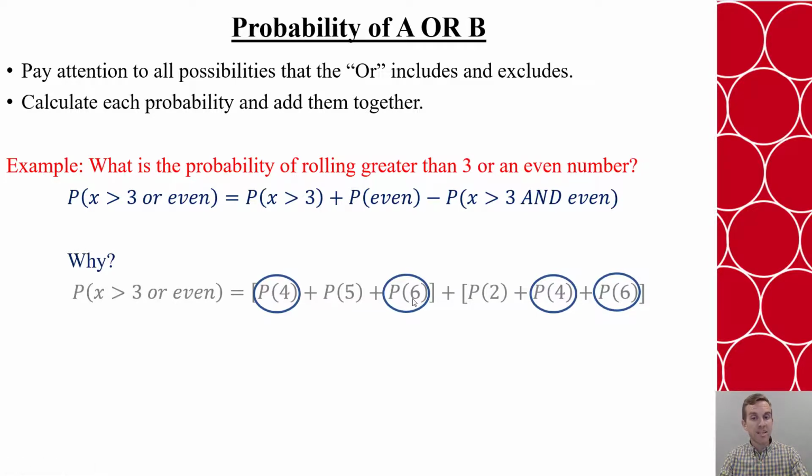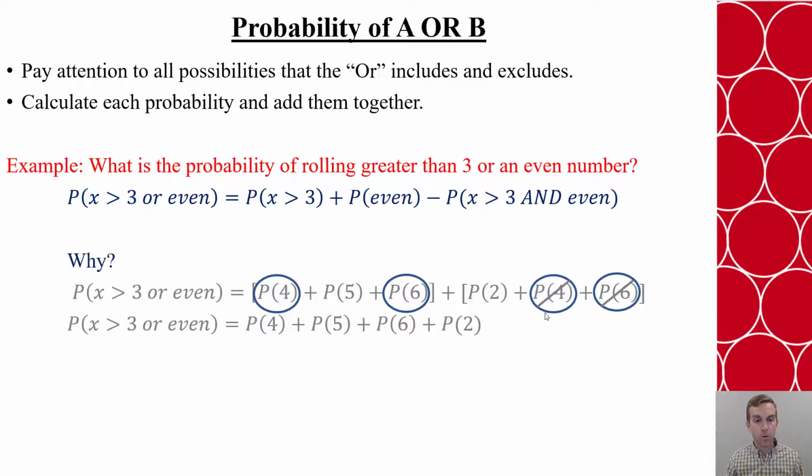So what we end up doing is subtracting off those probabilities that get counted twice. So that's what's being removed. Those are the two probabilities that are both greater than 3 and even. We're subtracting that out, and that's why when we look at it, it would be the probability of 4 plus the probability of 5 plus the probability of 6 plus the probability of 2. So we just have to think about, is there any overlap, and make sure we remove that overlap.